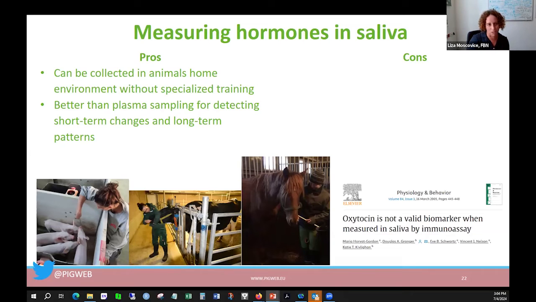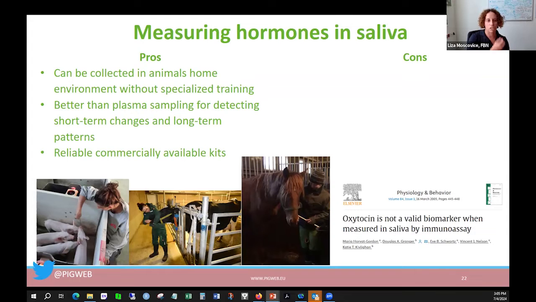So I would be nervous about affecting the measurement with the restraint. And for long-term patterns, unless you put a catheter in your animal, it's really hard to get repeated samples over long periods of time. It's just highly invasive. With saliva, you don't have that problem. So at least for some hormones, I would say saliva is even better than plasma.